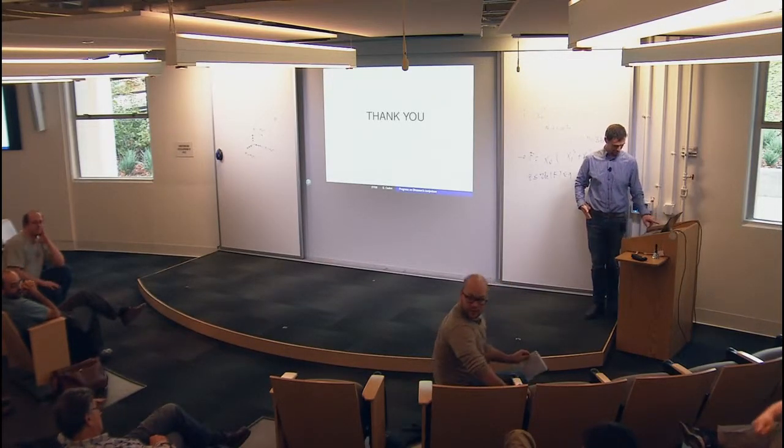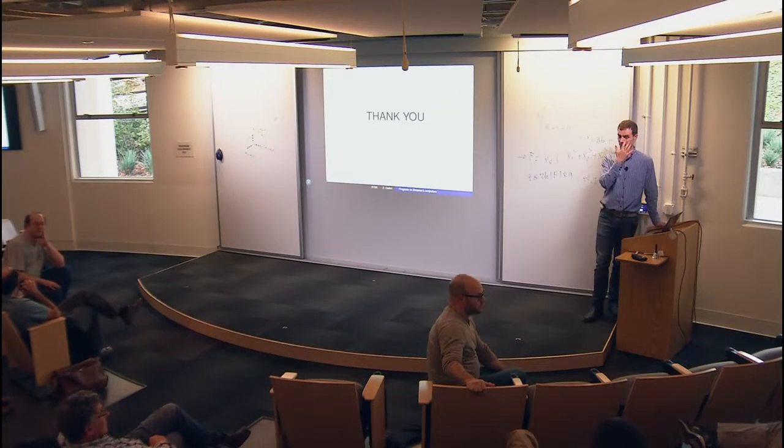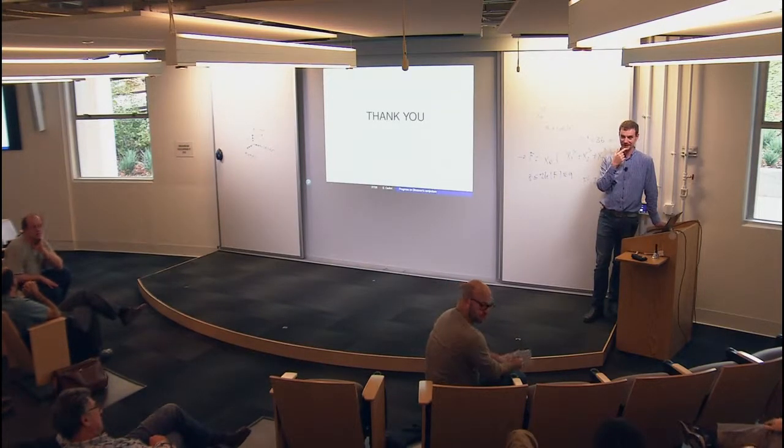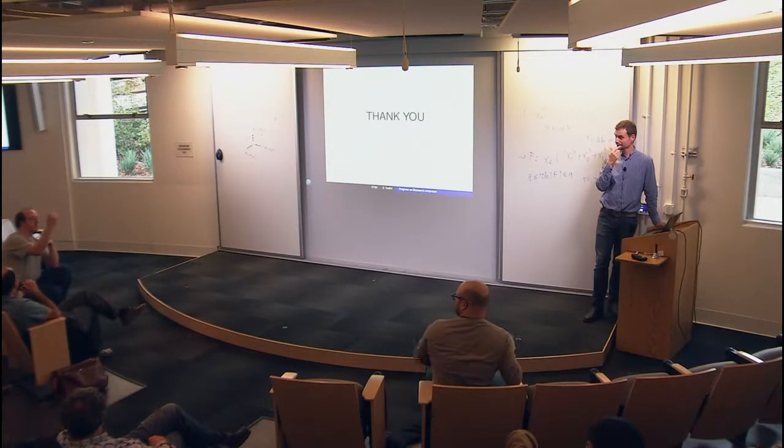Yes, Bernard? The same question could be asked for cactus rank? Oh yeah. But the answer is the same, which is I don't know. I know it's boring. What was Bernard's question? Cactus rank instead of Waring. For monomials, your lower bound equals the Waring rank, and the cactus rank and border rank are smaller, so this is not a lower bound for those.